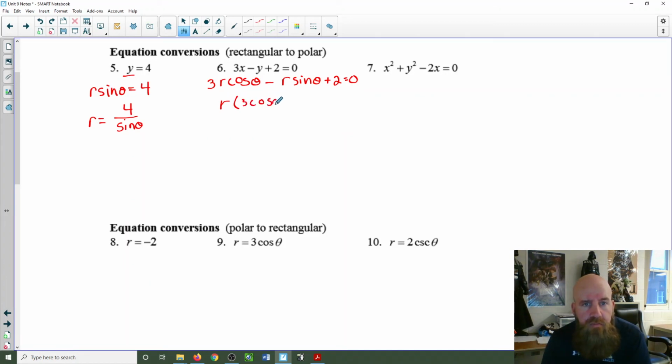And I'm going to move the 2 to the other side. Now we just solve for r. So we can divide both sides by this whole quantity here. So we get r equals -2 all over 3 cosine theta minus sine theta.